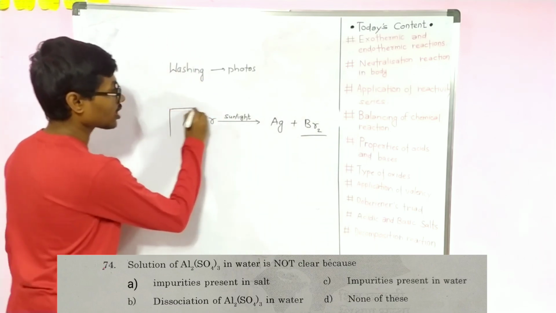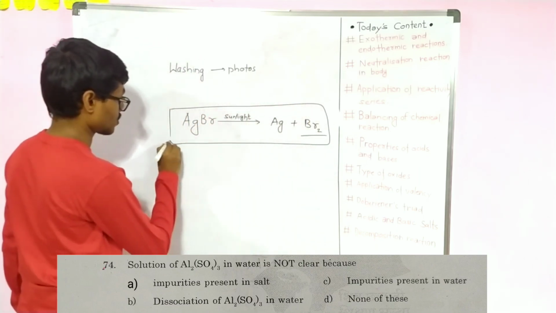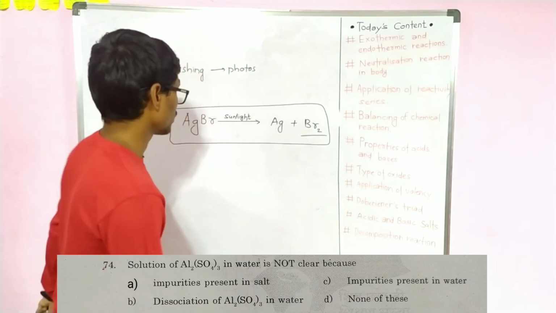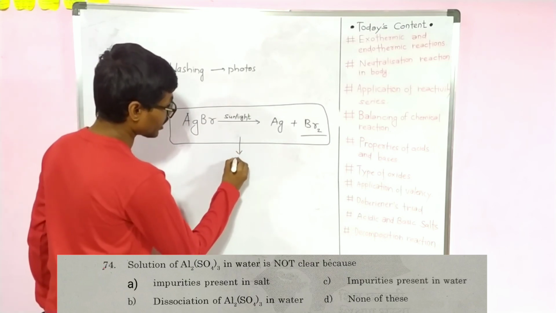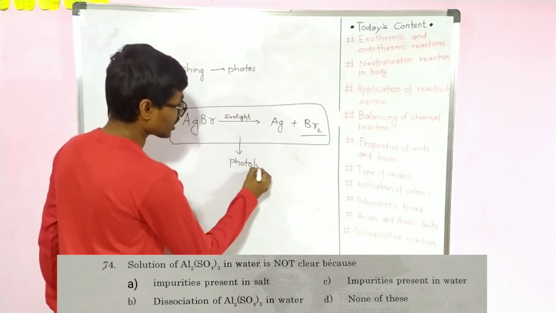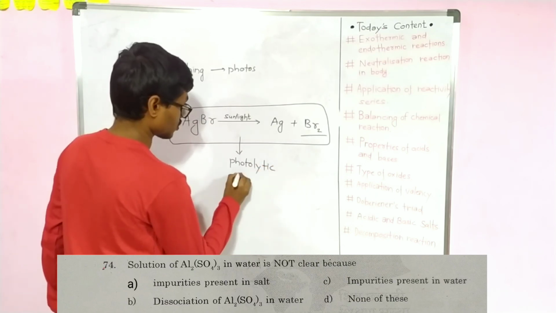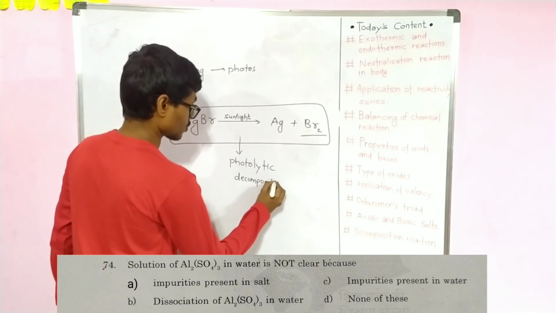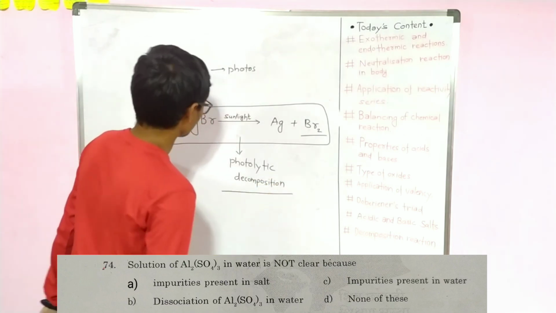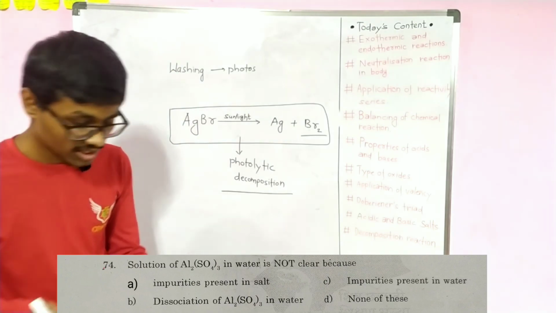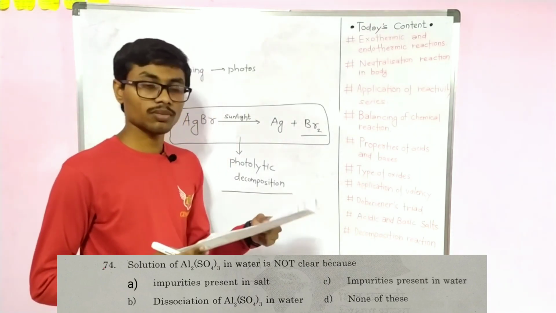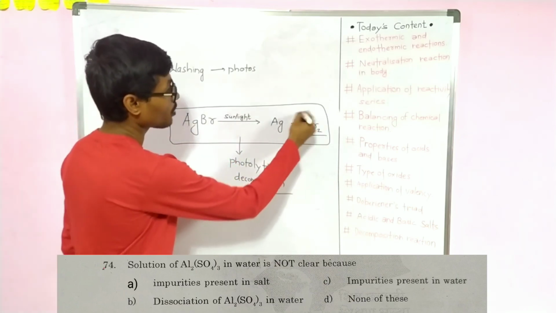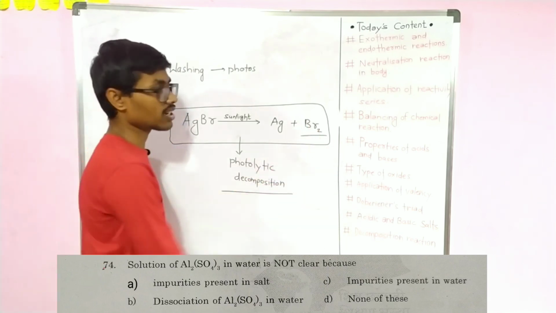When AgBr is given a sunlight bath, it decomposes to Ag and Br2, and this is called photolytic decomposition, which is given in option B. Bromine is brown in color, nearly gray.